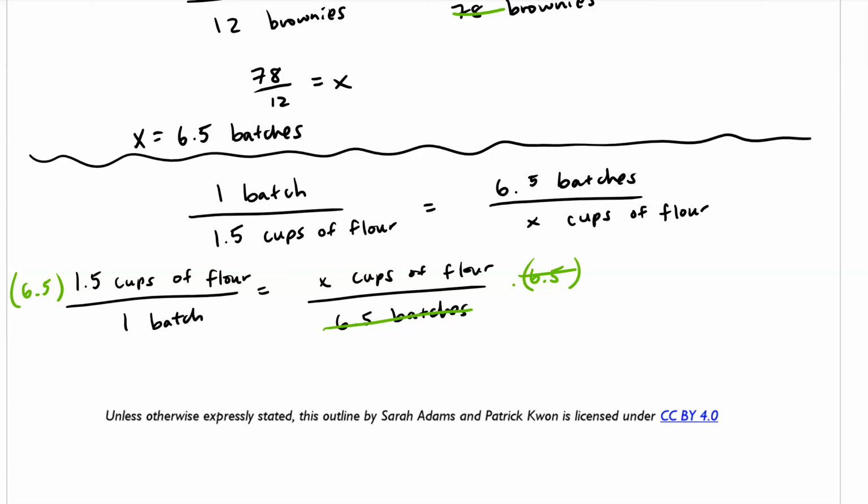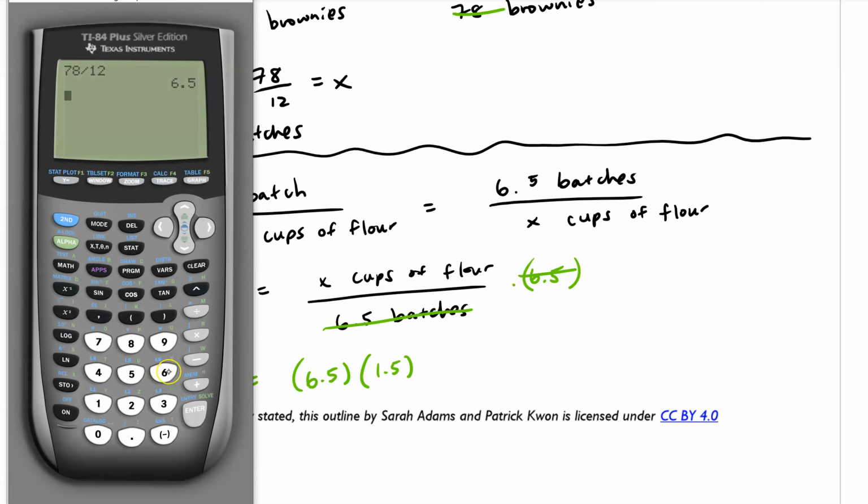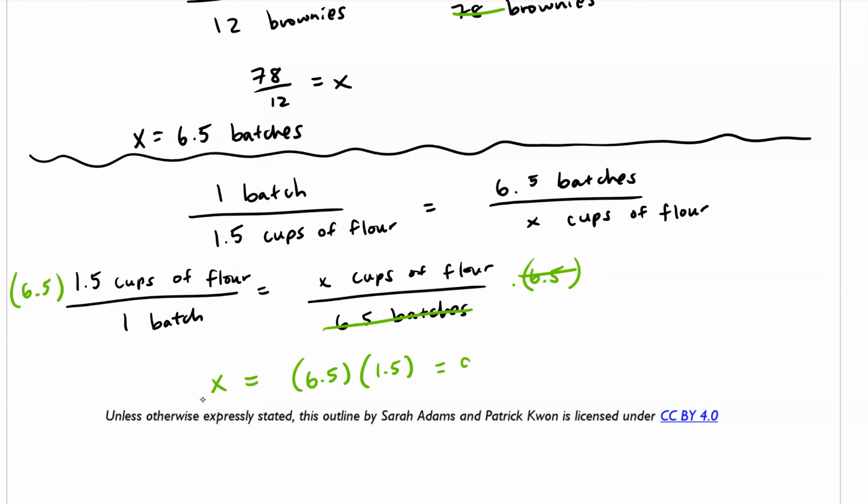And so that will cancel with that, and we'll get x is equal to 6.5 times 1.5. So that equals 9.75. So we can say Mr. Kwan will need 9.75 cups of flour.